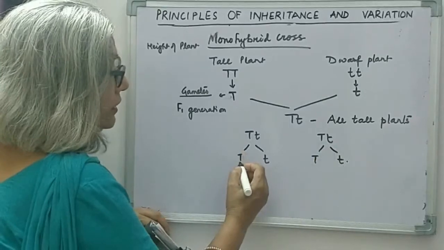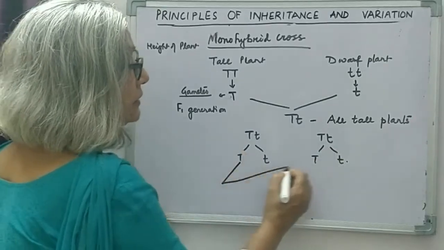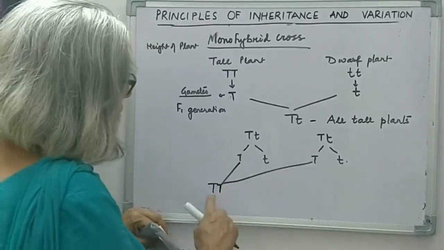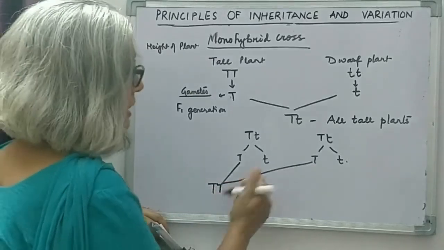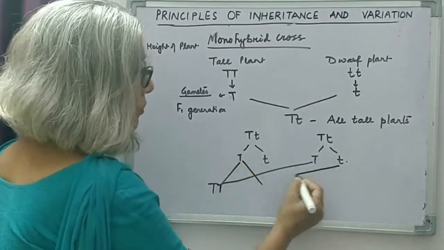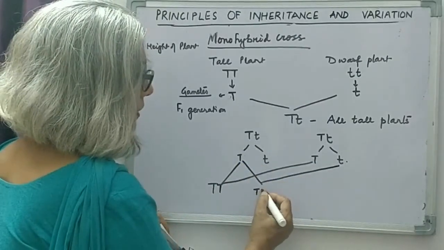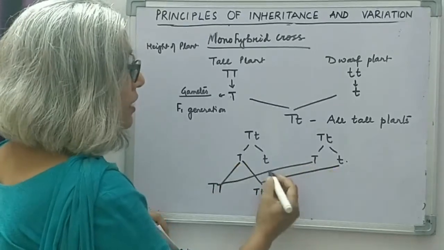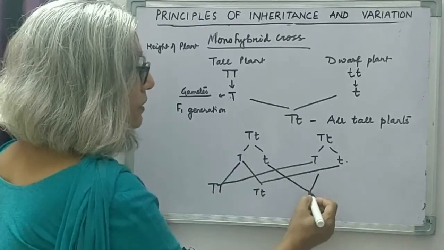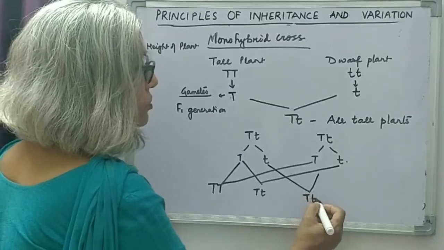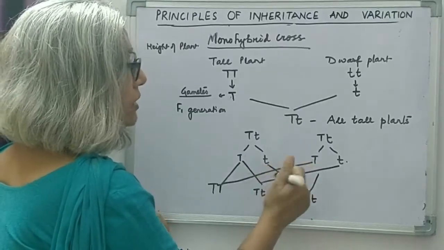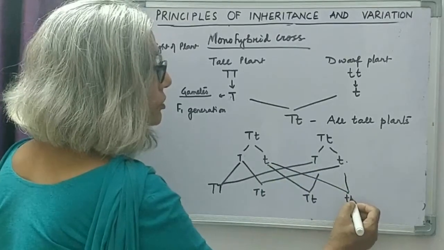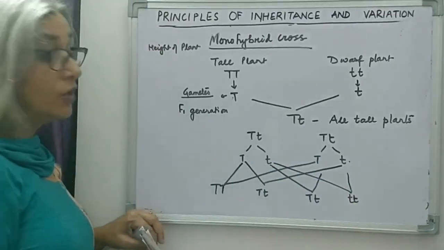Now when crossing takes place, this can combine with this, we get the genetic constitution as 2 capital T's. This can combine with this, we get 1 capital T and 1 small t. This can combine with this, we get capital T and small t. If we combine these 2, the genetic constitution will be 2 small t's.